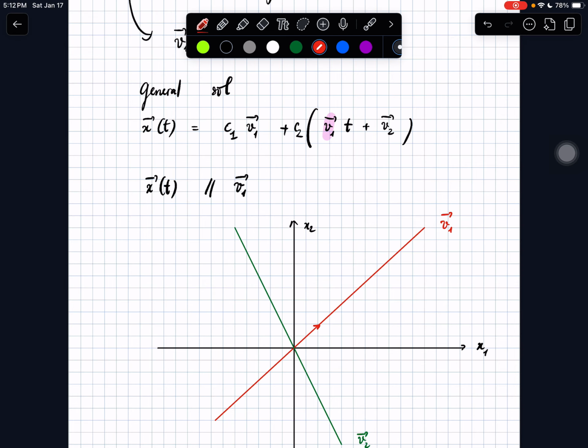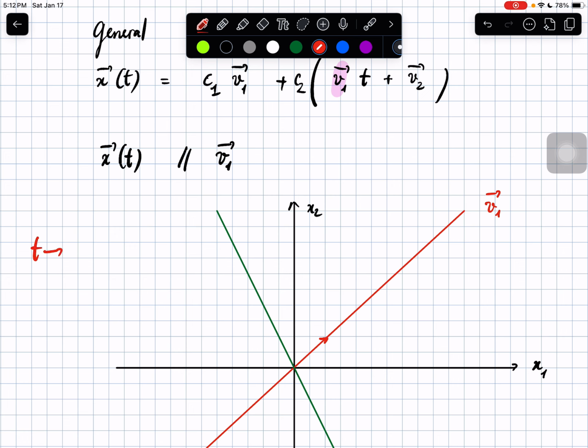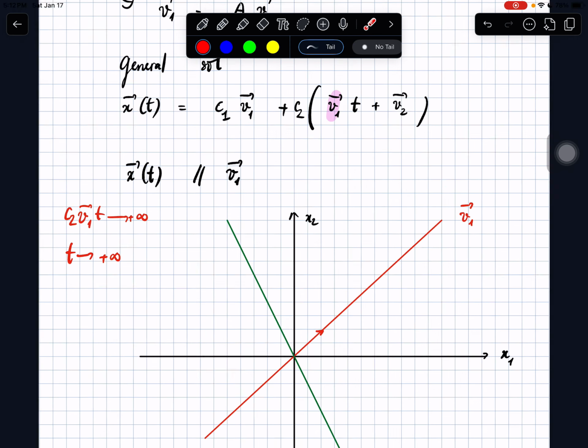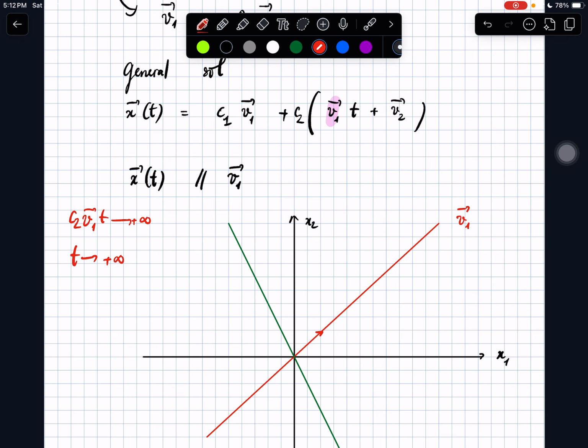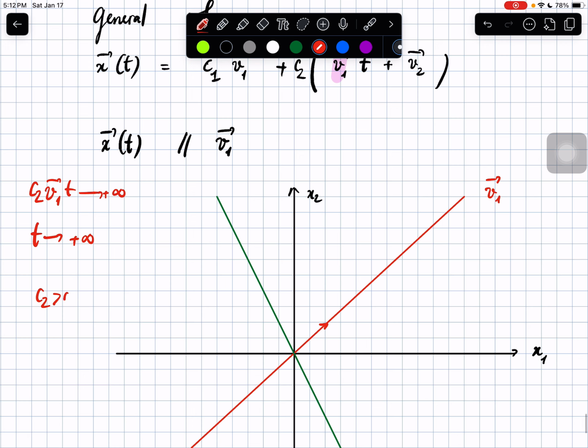When t goes to infinity, c2 V1 t also goes to infinity. Assume c2 is positive, then it's the same direction as V1.